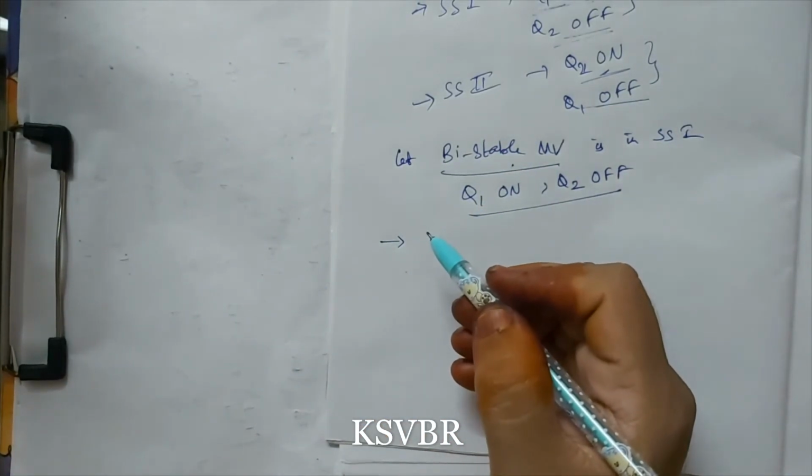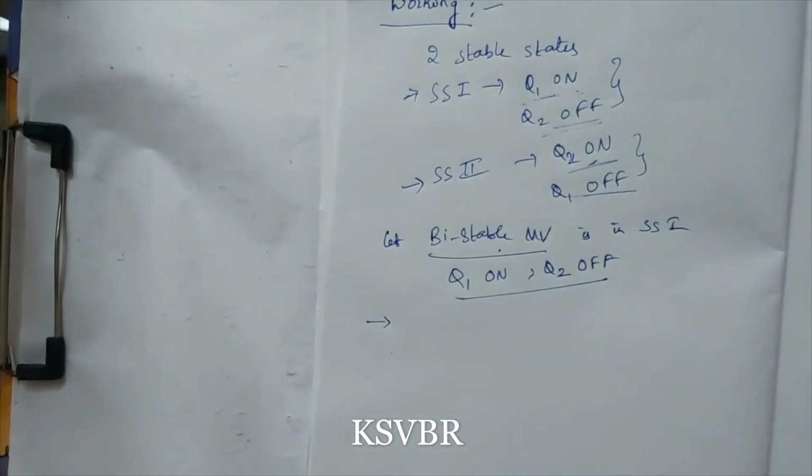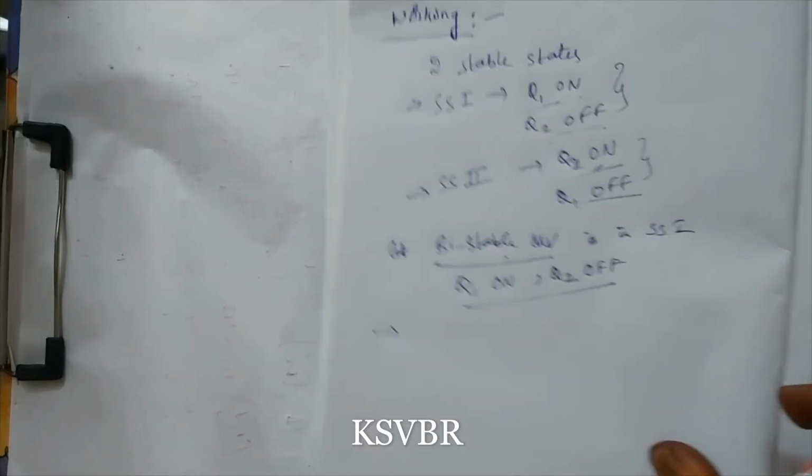As I said earlier, the two possibilities are increasing the positive voltage at the base of the off transistor, or decreasing the positive voltage, that means by giving a negative pulse at the on transistor base. I am adopting the first way.